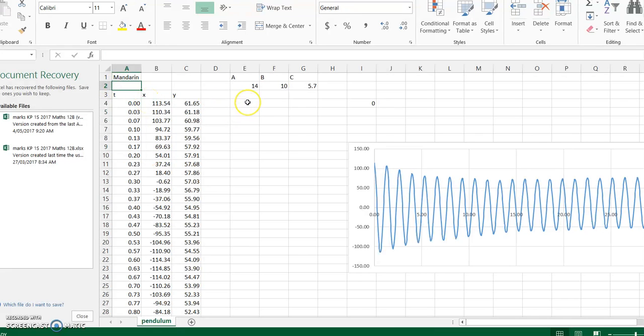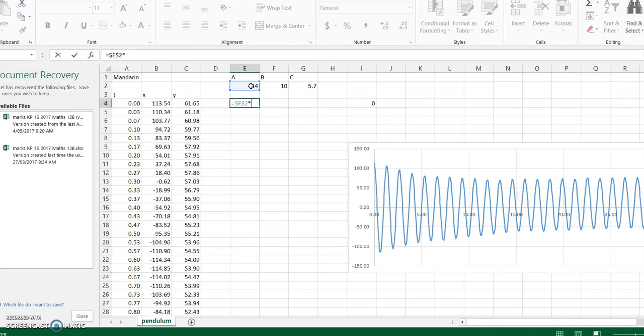So now I'm going to put this formula in. It's going to be equals my A, click on that, and I've got to click F4 to lock in those dollar signs, so that doesn't move.